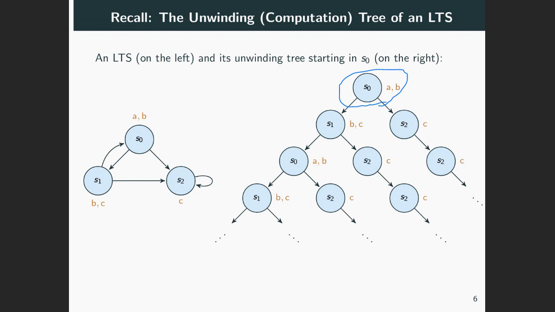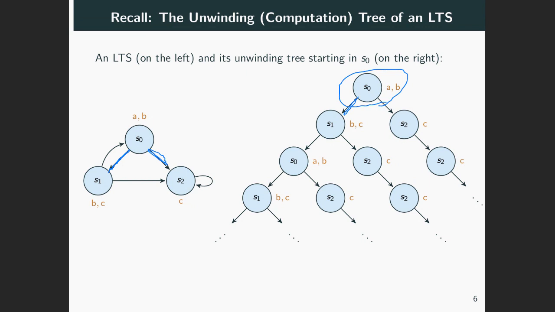In the example shown here, we start with S0 as the root, and we follow the LTS system shown on the left, and see that, for example, S0 has two transitions, one to S1 and one to S2. So this is what happens in the tree.